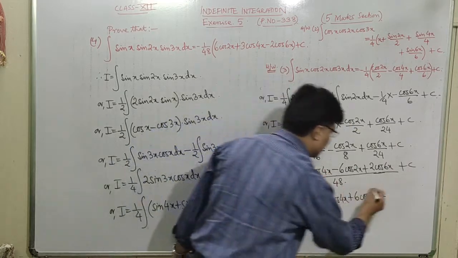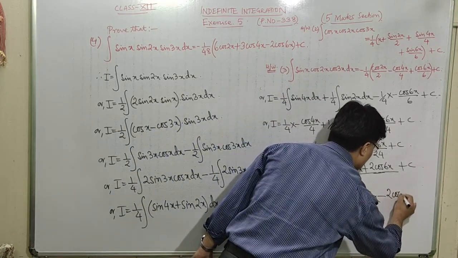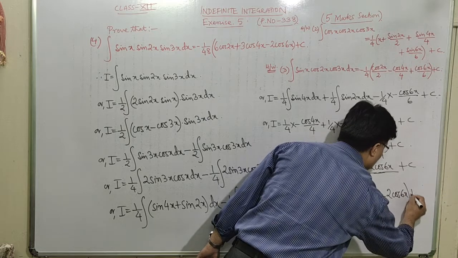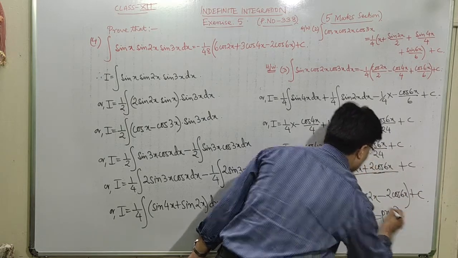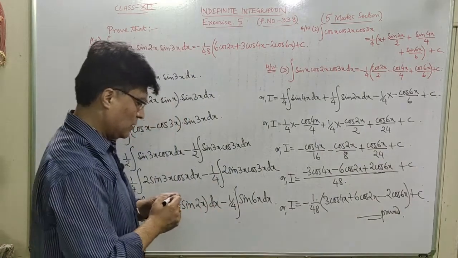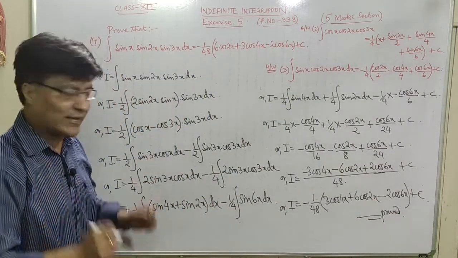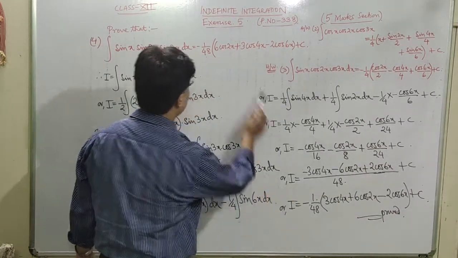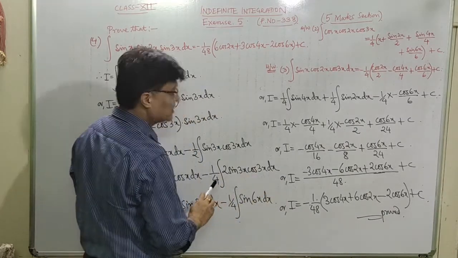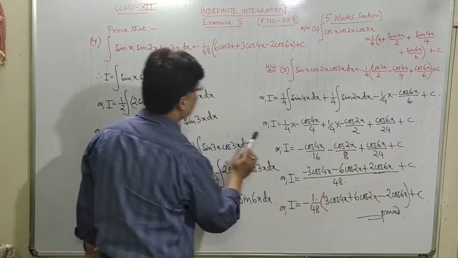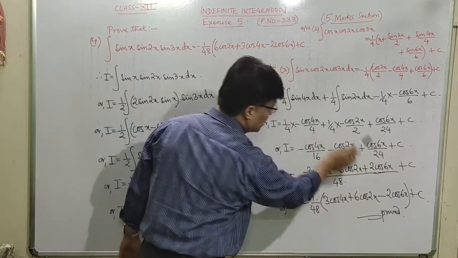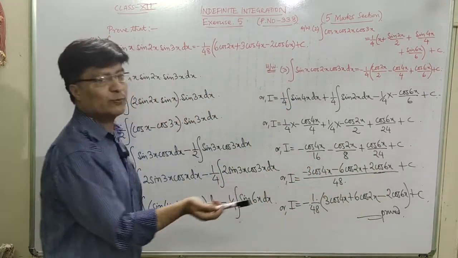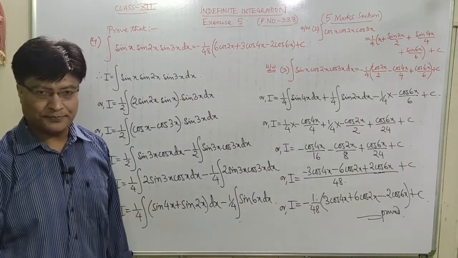Then what do we write here? Here we write 2 cos 6x, bracket closed, plus C. So it is proved. Let us check it. I is equal to minus 1 by 48, yes, we are getting it: 3 cos 4x, 6 cos 2x, minus 2 cos 6x, bracket closed, plus C. So it is proved.